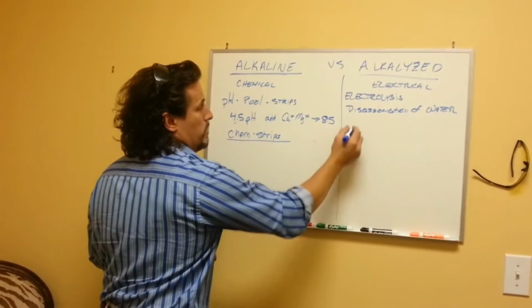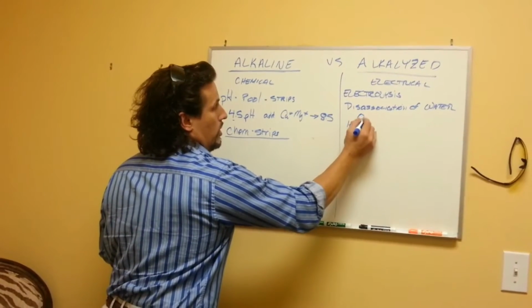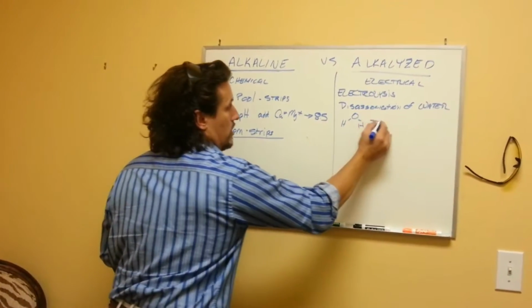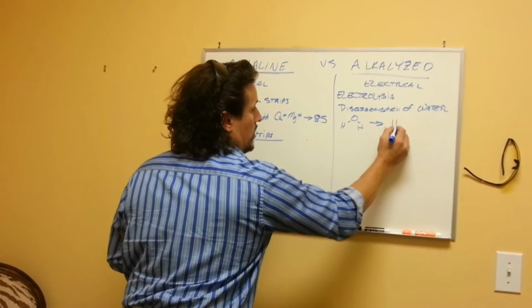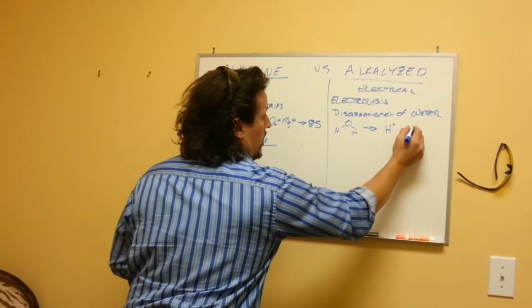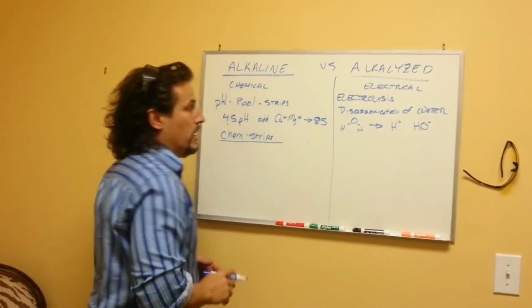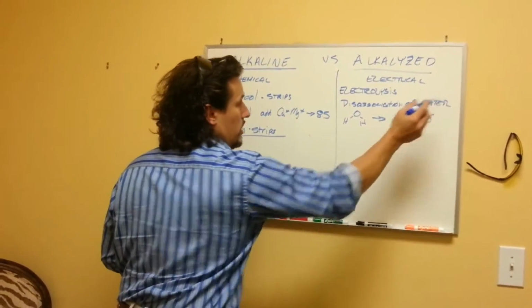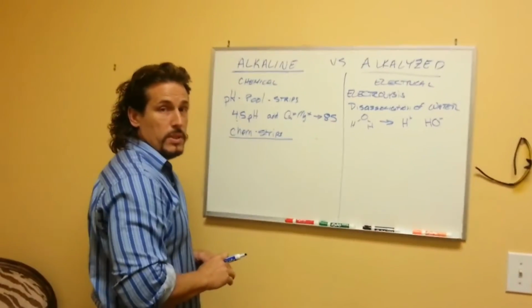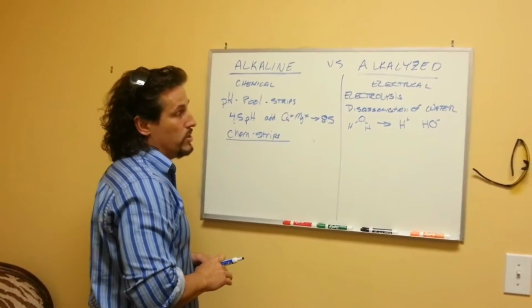Basically, it's the process by which you take water and split it into a hydrogen ion and a hydroxyl ion. The hydroxyl gives you a free electron that you can use to be a free radical scavenger.